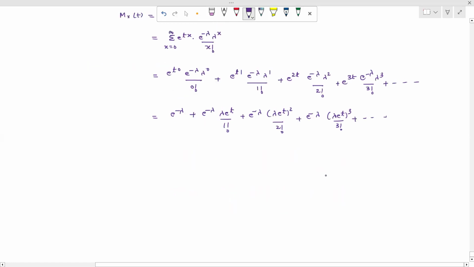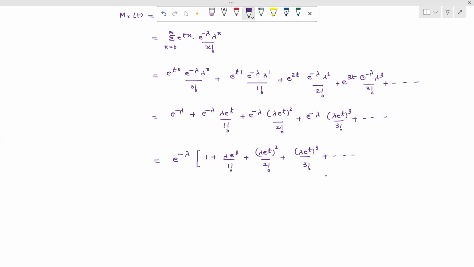So e raised to the power minus lambda we can take as common. This gives us 1 plus lambda e raised to the power t upon factorial 1, plus lambda e raised to the power t whole square upon factorial 2, plus lambda e raised to the power t whole cube upon factorial 3, plus and so on.